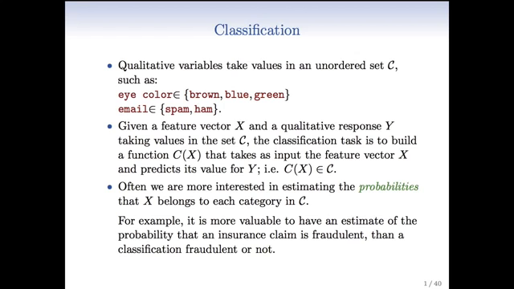You can imagine in one situation you might have a probability of 0.9 that the claim is fraudulent, and in another case it might be 0.98. Both might be above the threshold of raising a flag that this is a fraudulent insurance claim. But if you're going to spend some hours investigating it, you probably go for the 0.98 first before the 0.9. So estimating the probabilities is also key.